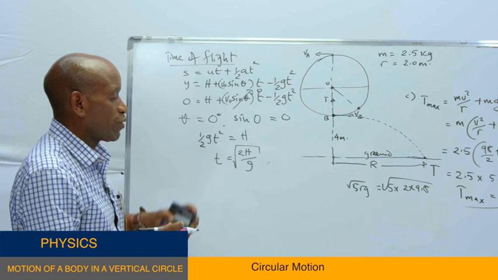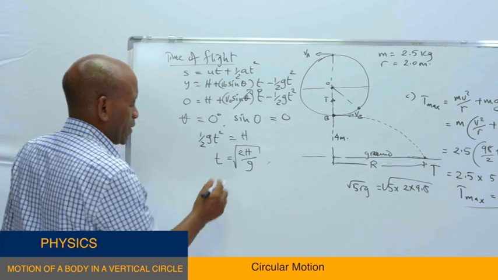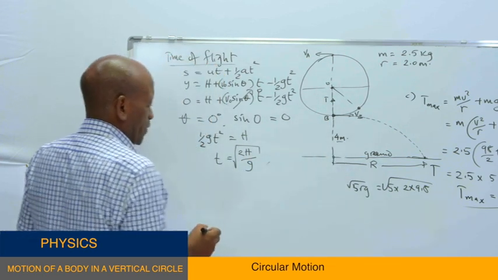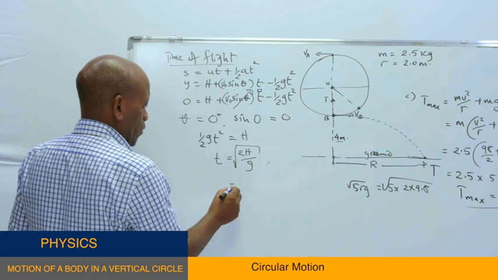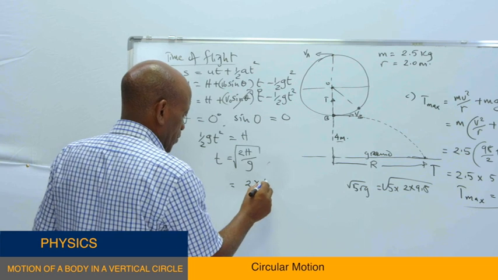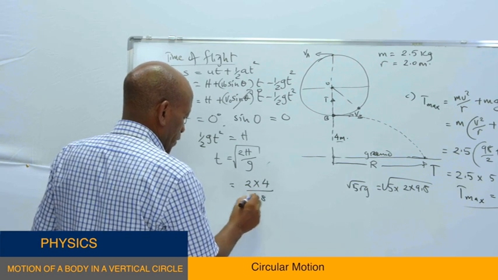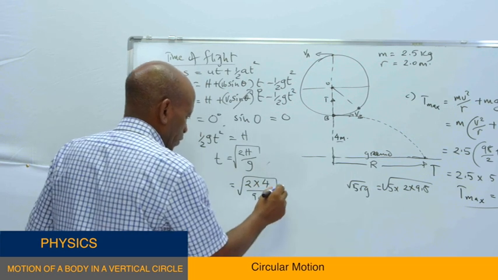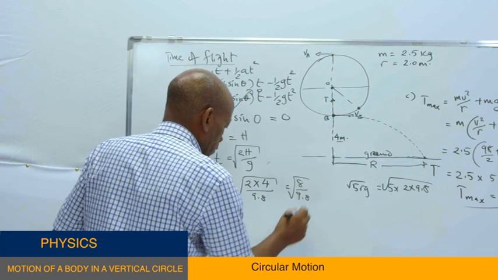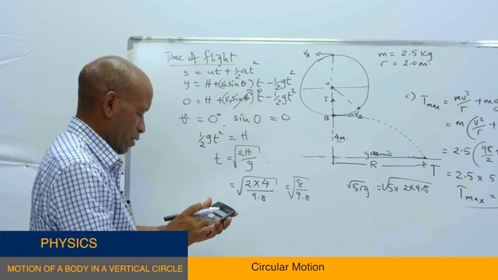And we can substitute and obtain the time of flight. The height h is the distance from that point to this point, which is equal to 4 meters. And we all know what g is. So here we'll be getting the square root of 2 times h, which is 4 meters, over g, which is 9.8. This is 8 over 9.8. We look for that particular square root.